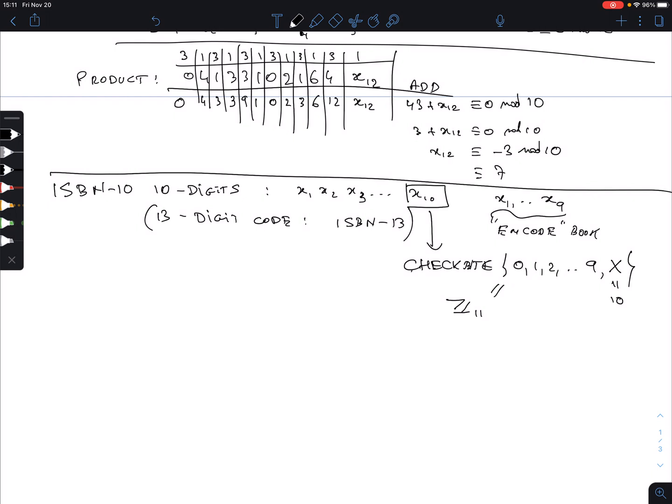Okay, so now what's the formula? The formula is you take x1 plus 2 times x2, plus 3 times x3, plus 4 times x4. You see where we're going?